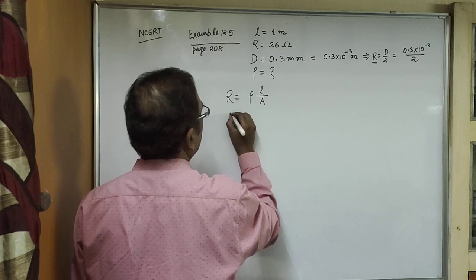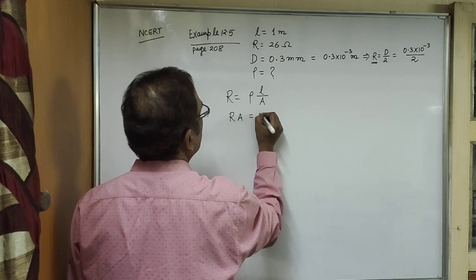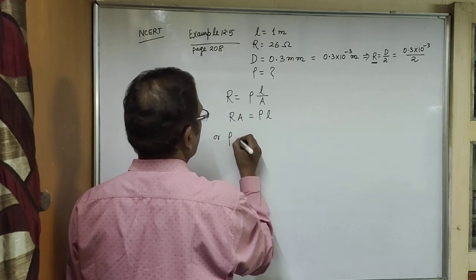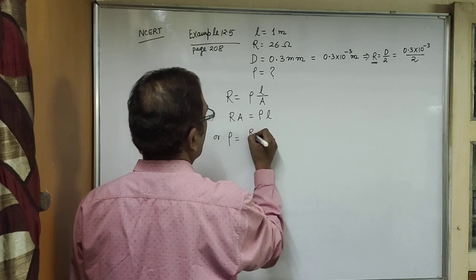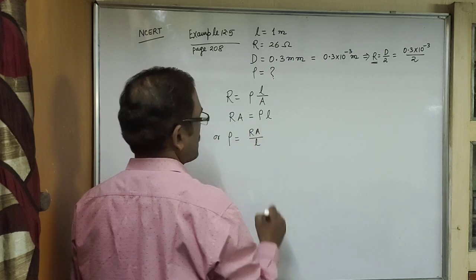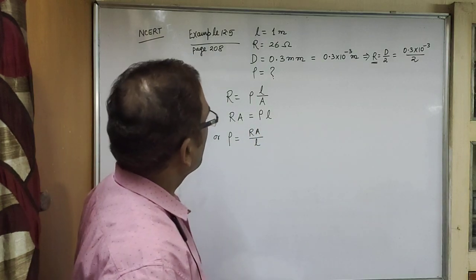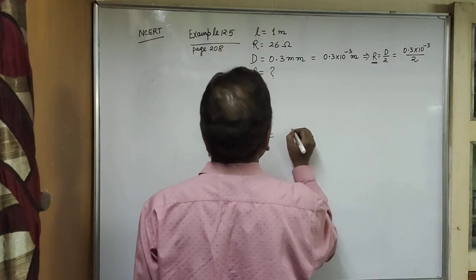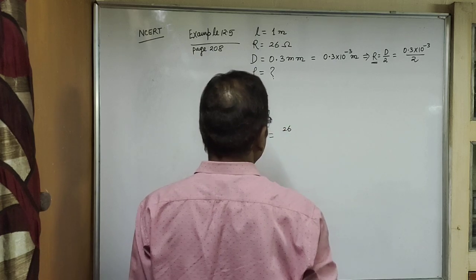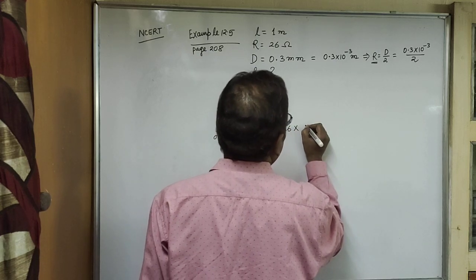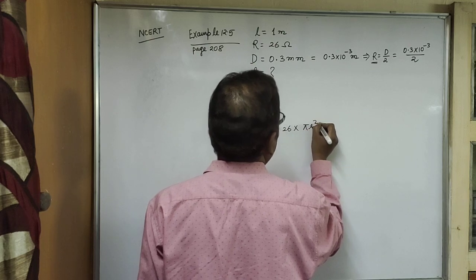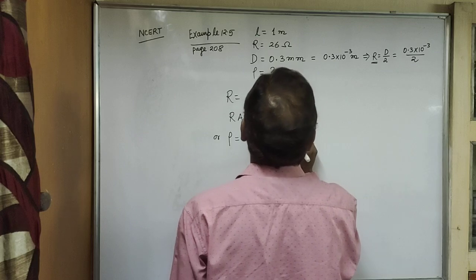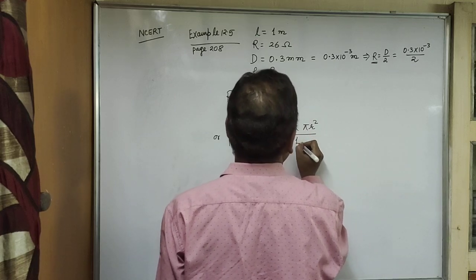So after cross multiplication you can write RA is equal to rho L, or we can write a formula for rho, that rho is equal to RA by L. So R is 26 ohm. Area of cross section, as we have discussed earlier, is pi r square, and length is given, it is 1 meter in denominator.